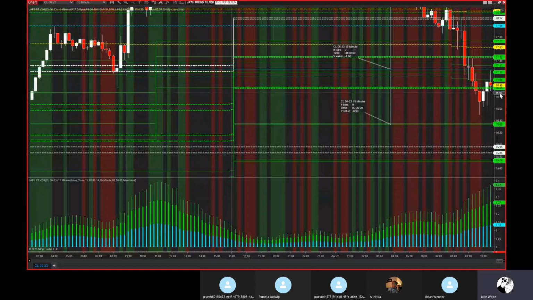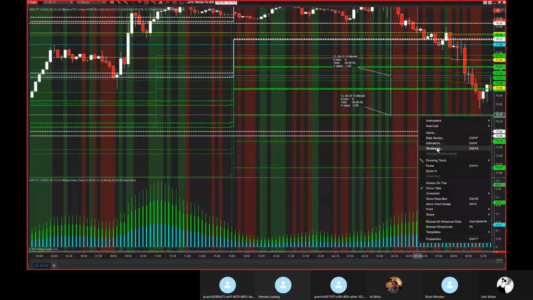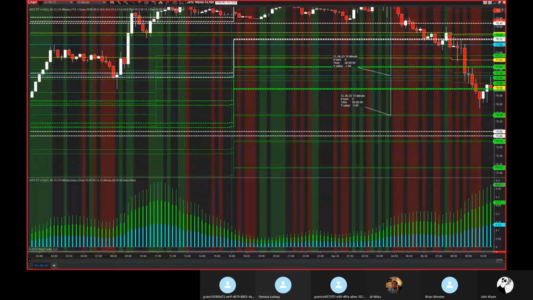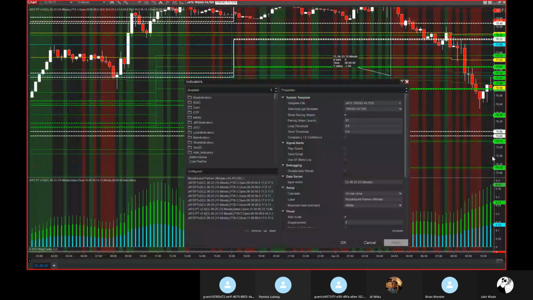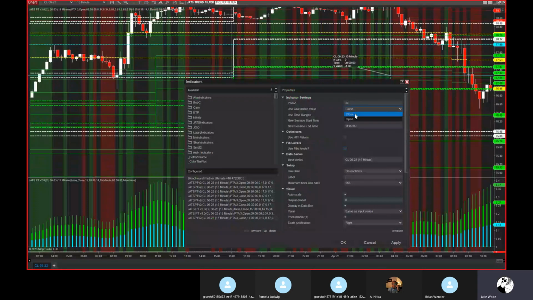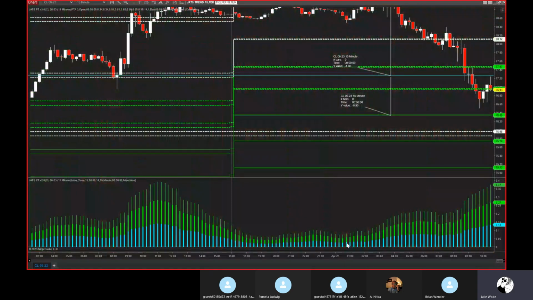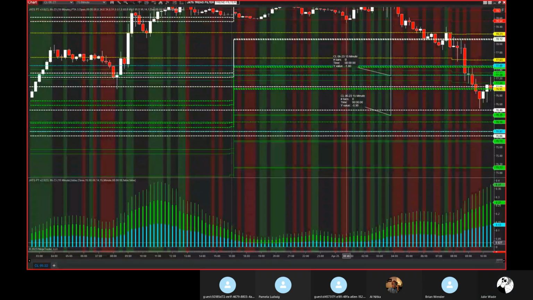Not anything really to help. Where did they go? Here, it needs to be on the open. That's what happened. It needs to be on the open. 10 to 11 on the close would have been yesterday.